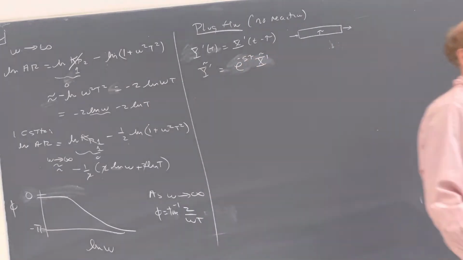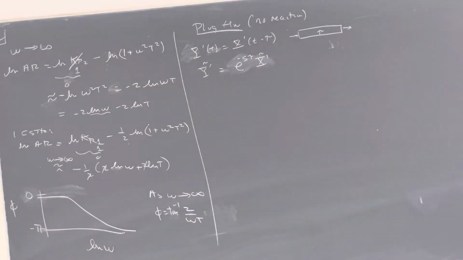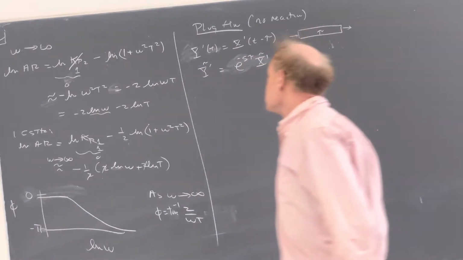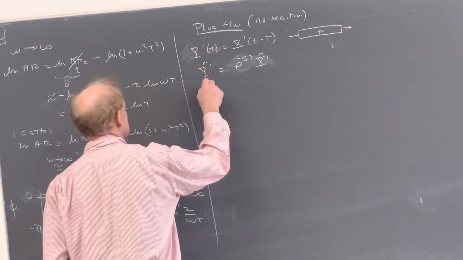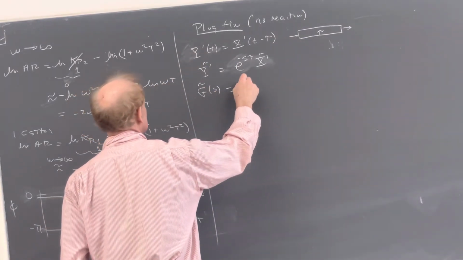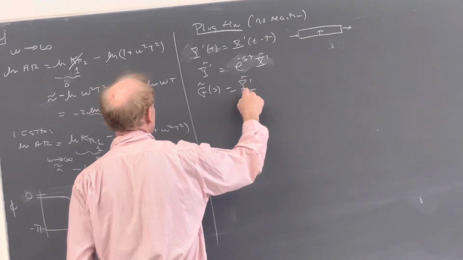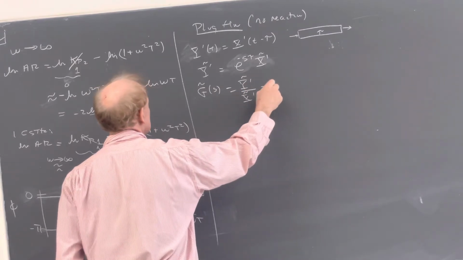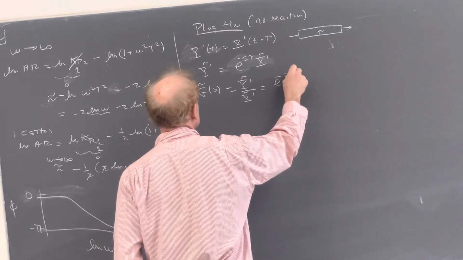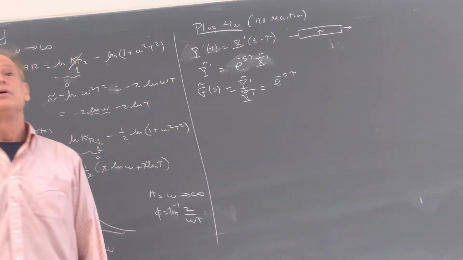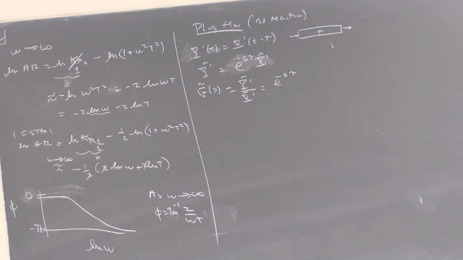Check, I don't recall. For delay, yeah, it's minus. So g tilde of s is y prime tilde over x prime tilde is just equal to e to the minus s tau for a plug flow reactor with no reaction. Now, a plug flow reactor with no reaction is not very exciting, but we're starting with the unexciting things. We'll get to more exciting stuff later.